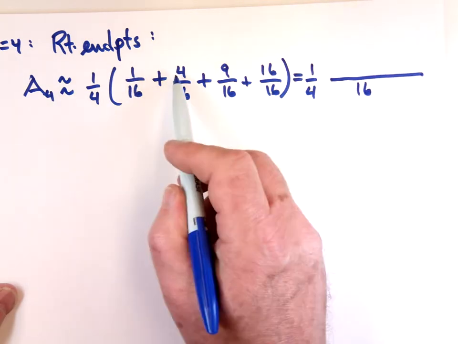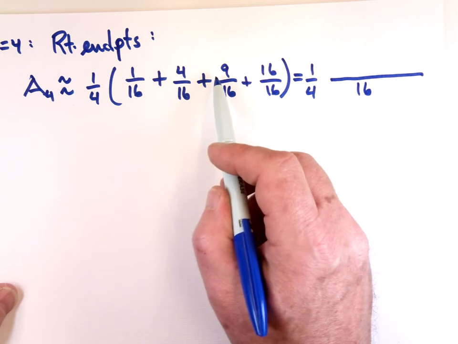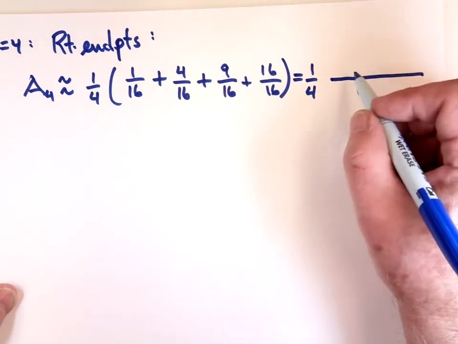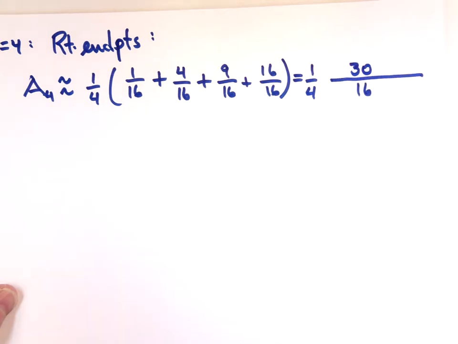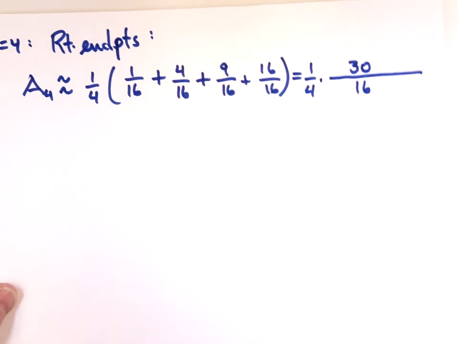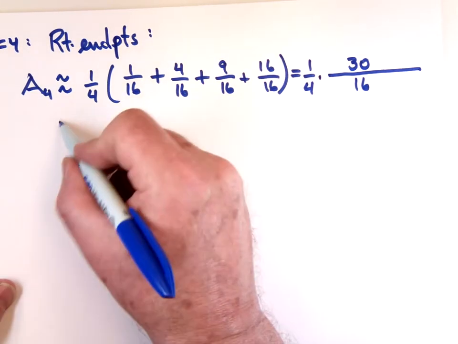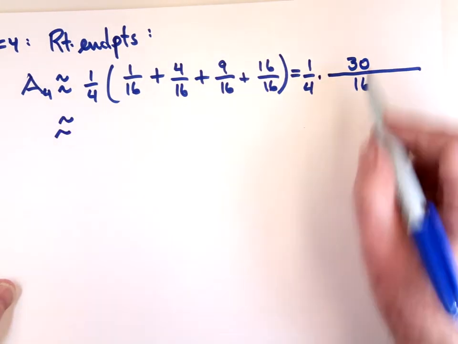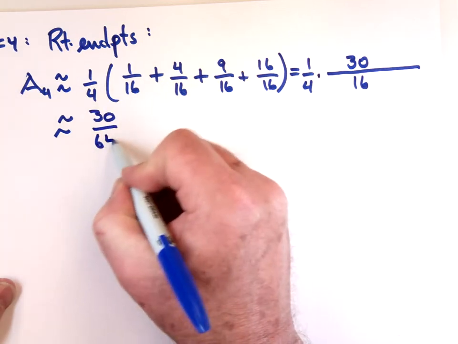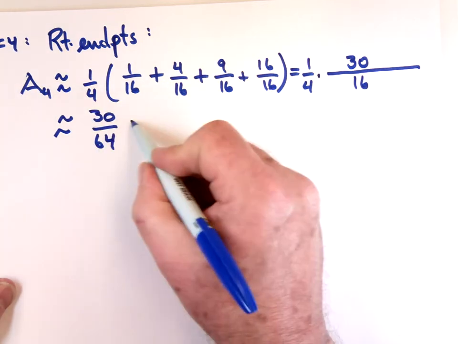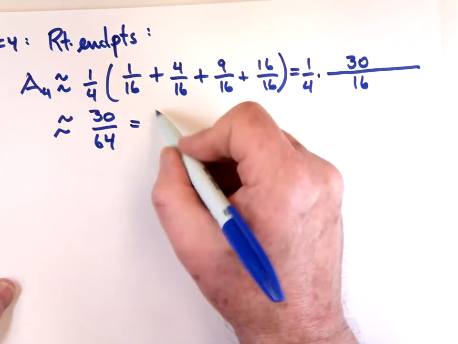I've got 30 sixteenths, which is 30 over 64, which is equal to, when I divide by 2, 15/32. A little bit less than 1/2.